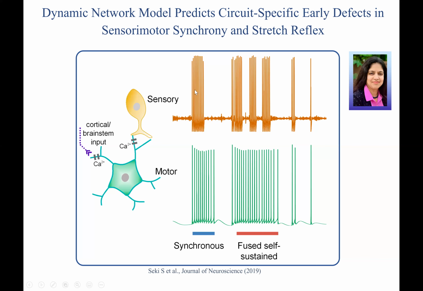And in the disease, when we see these abnormal patterns, and correspondingly how the motor response changes, is what we tested here. And notice that if the interval between these bursts in the sensory was quite large, the motor neuron kind of accommodates its spikes and it shuts off, more or less being synchronous with the sensory.